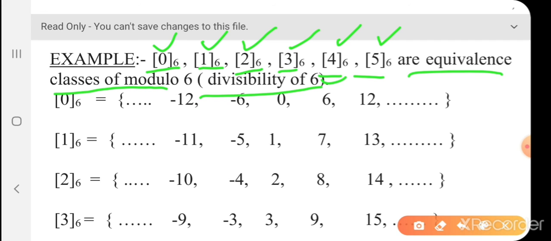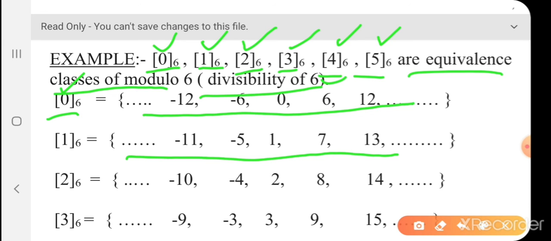So now you see the 0 equivalence class contains all these numbers. When you divide them by 6, the remainder will be 0. Again, when you divide these numbers by 6, the remainder will be 1. When you divide these by 6, the remainder will be 2, so this is the equivalence class of 2.